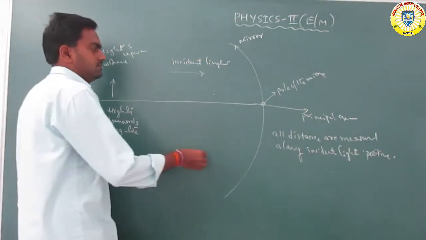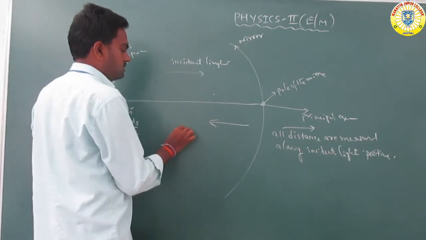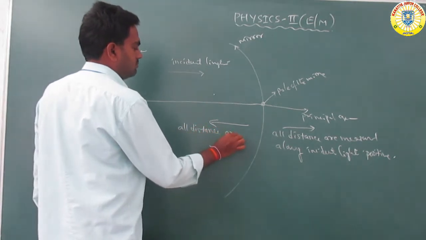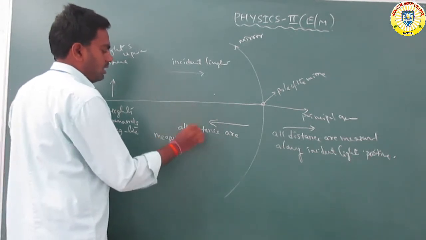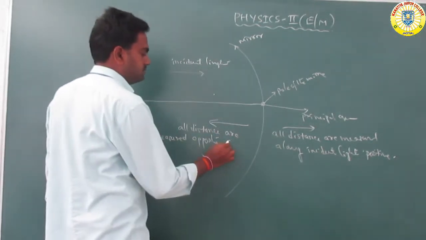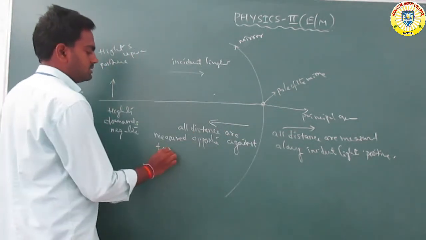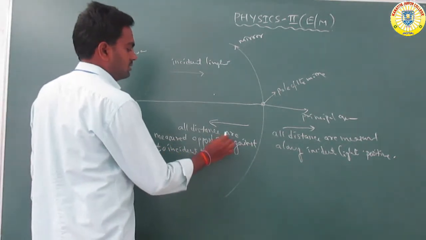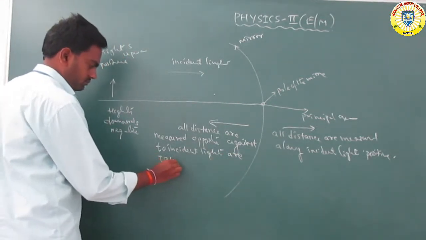All distances measured opposite or against the incident light are taken as negative.